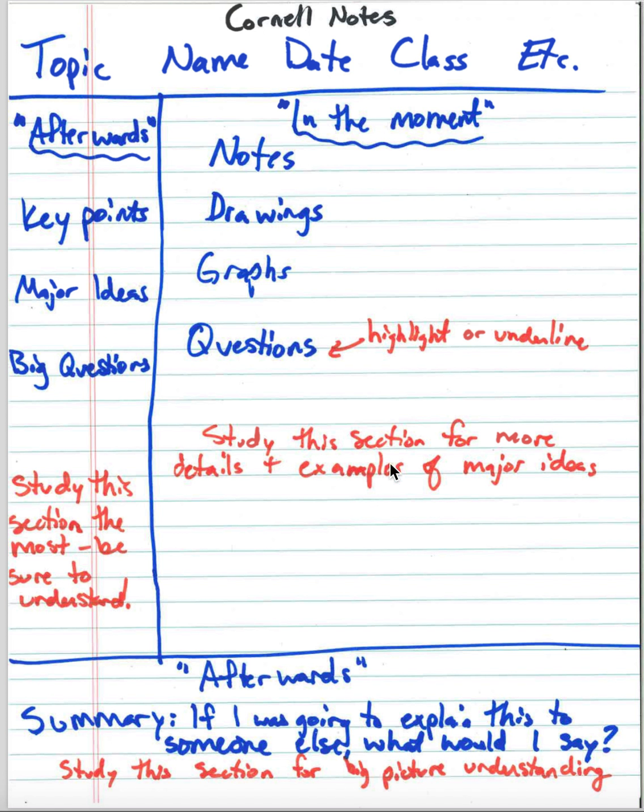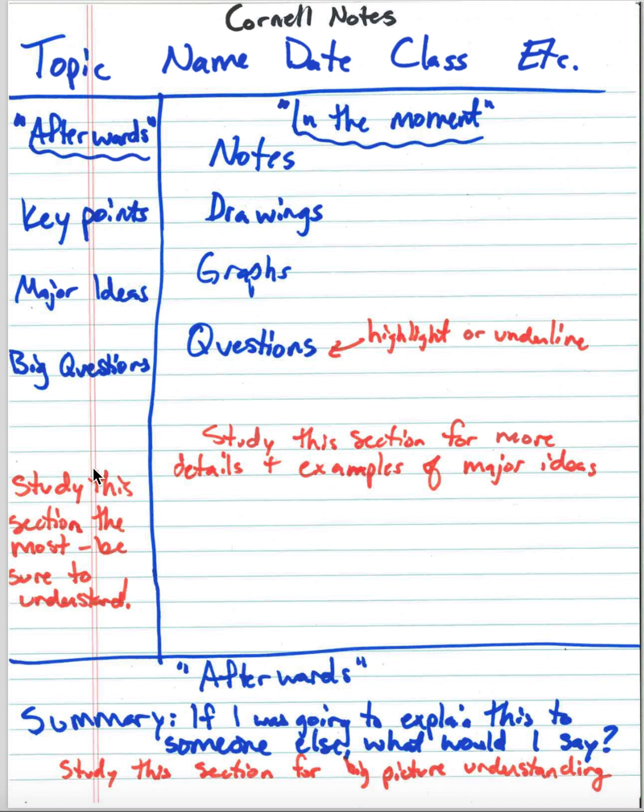And in orange, I've got some tips about how to go about using these to study. So in the moment, I like to highlight or underline any questions that I have, and then I study this section for details, examples of these key points here. But these key points are really what you want to make sure you understand. If you don't understand the key points, right, you're not going to be able to understand these.